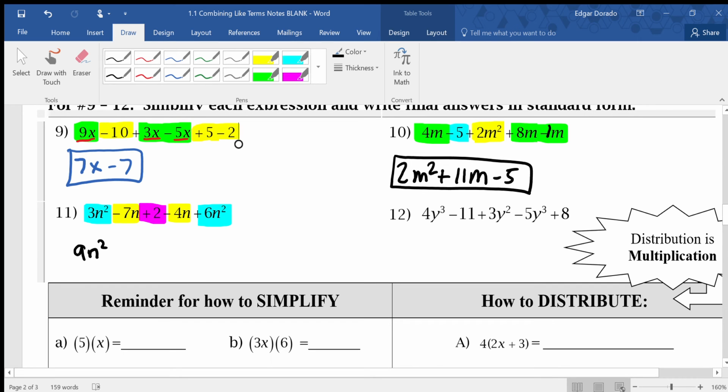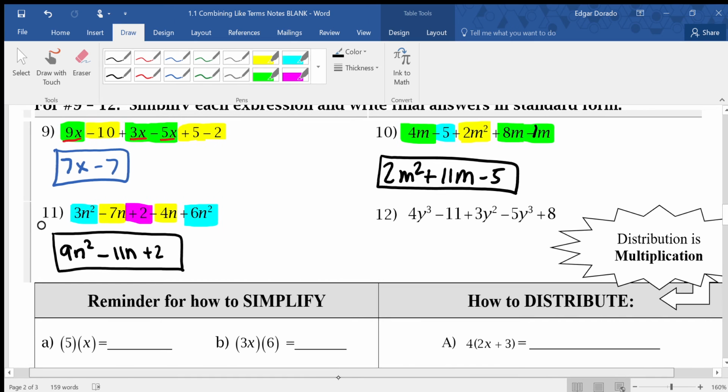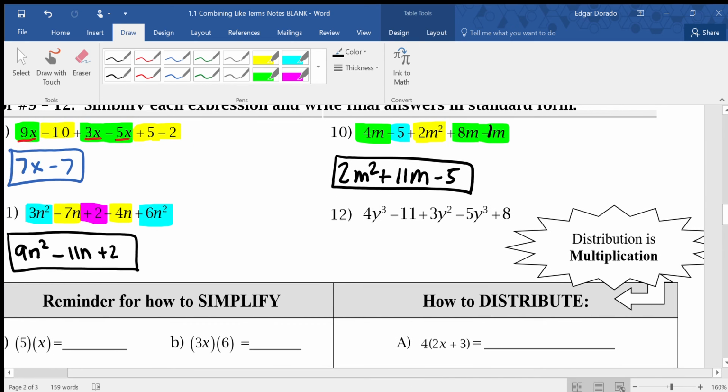Negative 7n minus 4n is a negative 11n. And finally, I see this plus 2, that goes at the very end. And as I said, it's usually your constant that goes at the very end. All right, so once again, pause the video for a second and try this problem number 12 out and see how you do.